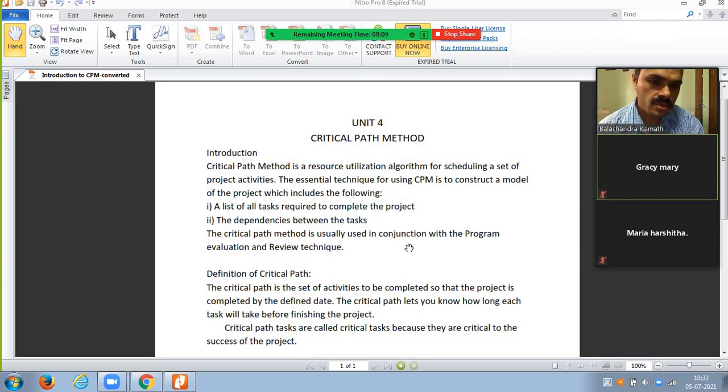So basically these two tools, unit 4 and unit 5 of yours, the critical path method and the program evaluation and review technique, are project management tools.